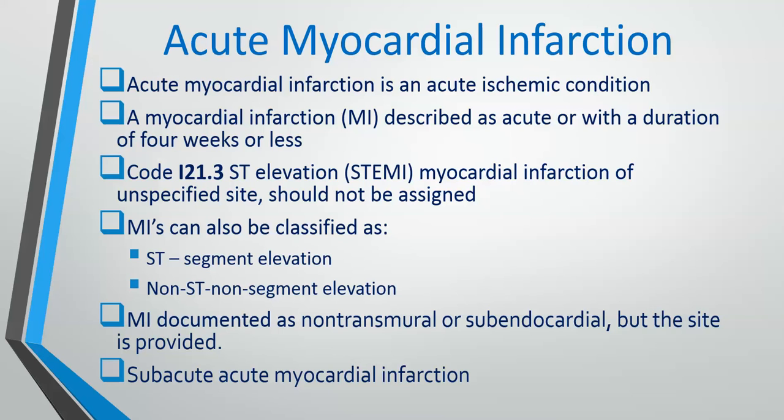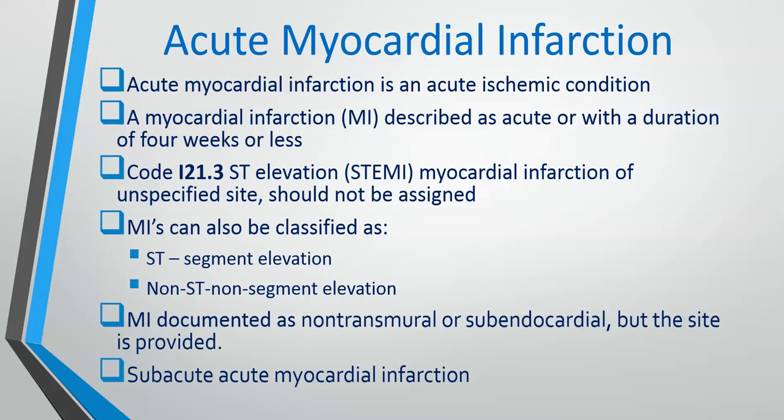A myocardial infarction is described as acute or with a duration of 4 weeks or less, and is classified in category I21, ST elevation, also known as a STEMI, and non-ST elevation, also known as an NSTEMI, myocardial infarction.